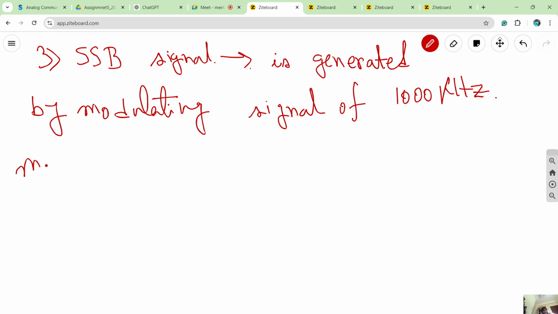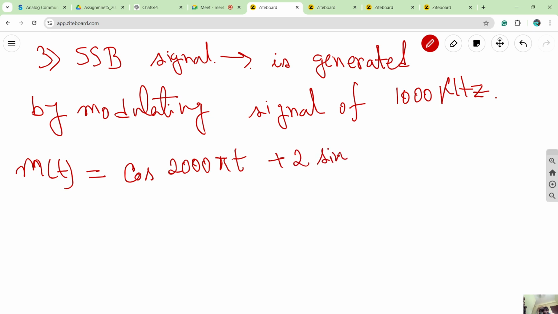And the message signal, that is m(t), is actually cos 2000 pi t plus 2 sine 2000 pi t.